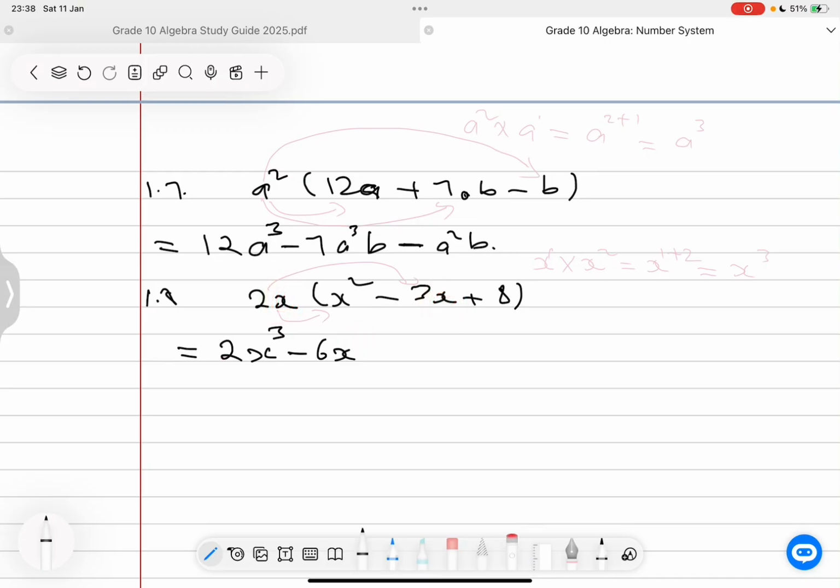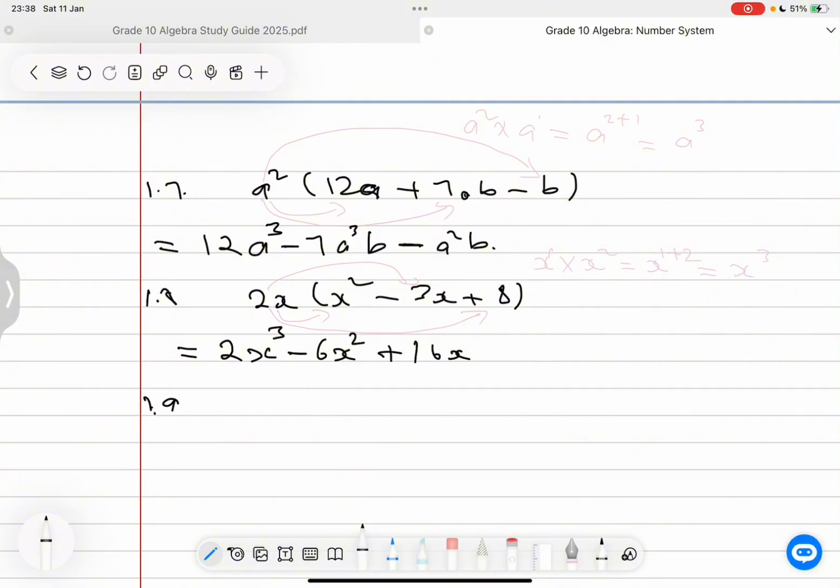I hope you are now able to see that, because I've been doing this type of multiplication between the x and the x and the a to give me a squared. And lastly, we have to multiply 2x with an 8, right? The 2 and the 8 will give me a 16, and the x will just sit there with it.